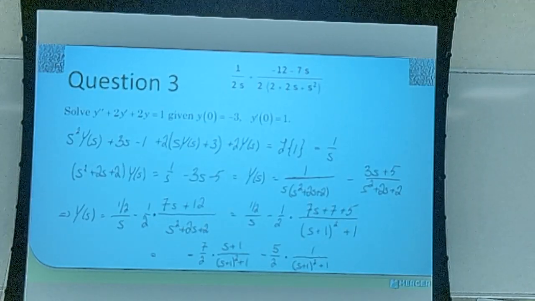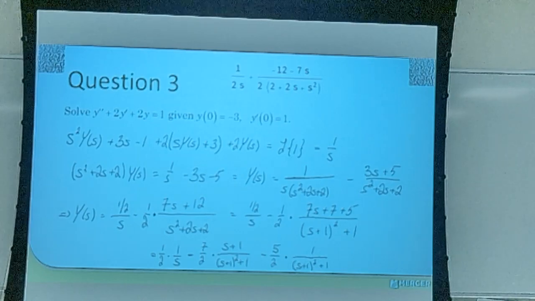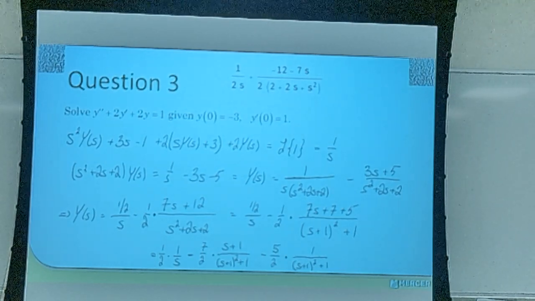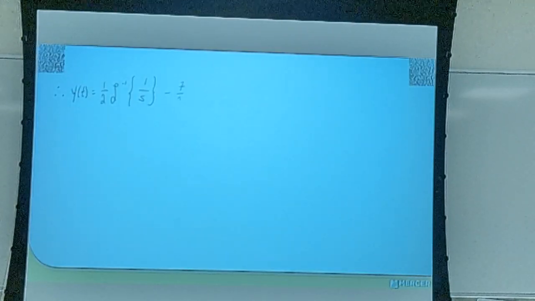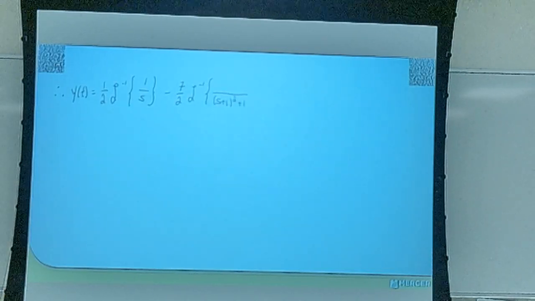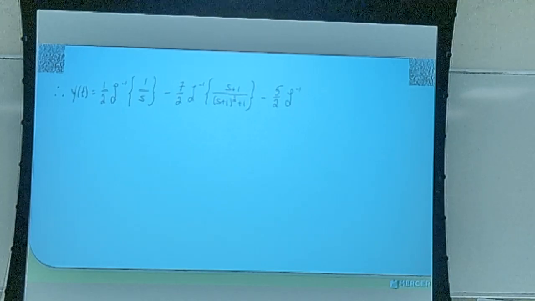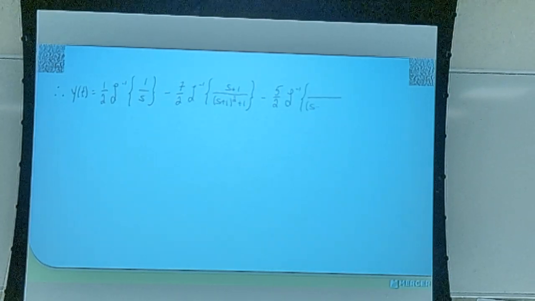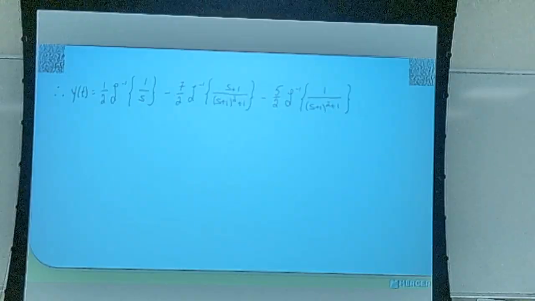Maybe I'll write the 1/2 over s the same way, it's just 1/2 times, like that. This is what y of t would be then.